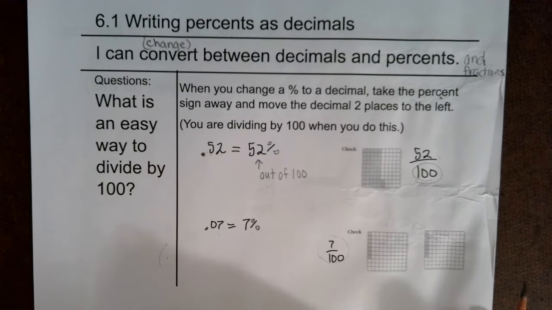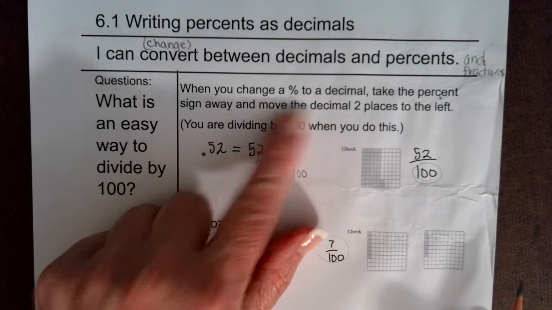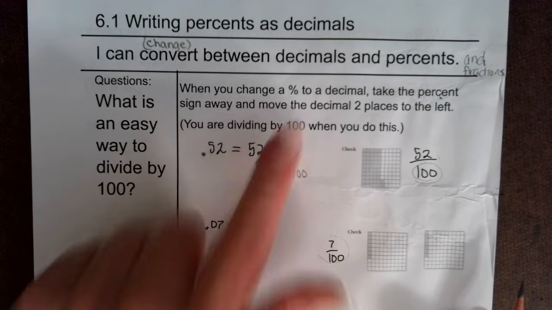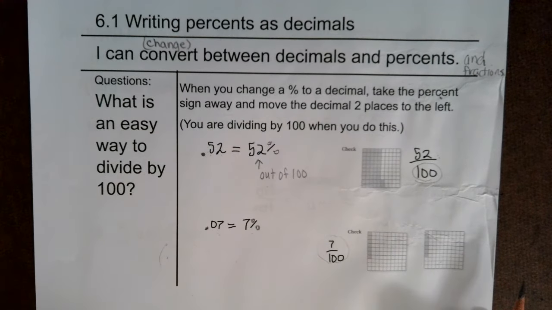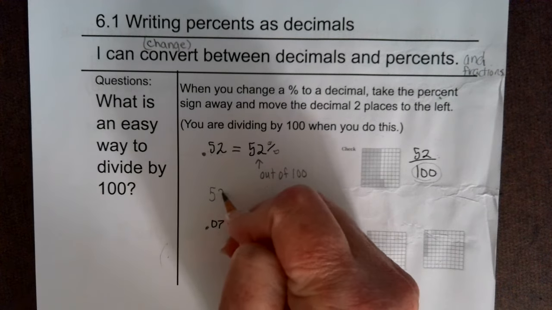And when you're looking at changing a percent to a decimal, you take the percent sign away and you move the decimal 2 places to the left. So if we were changing a percent to a decimal, we would have our 52%.